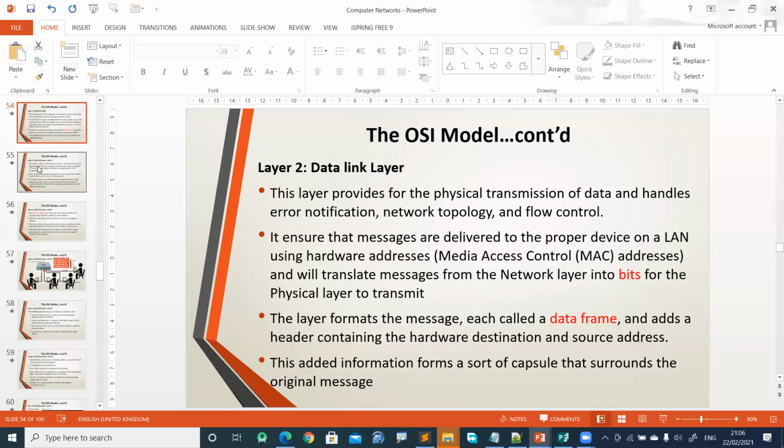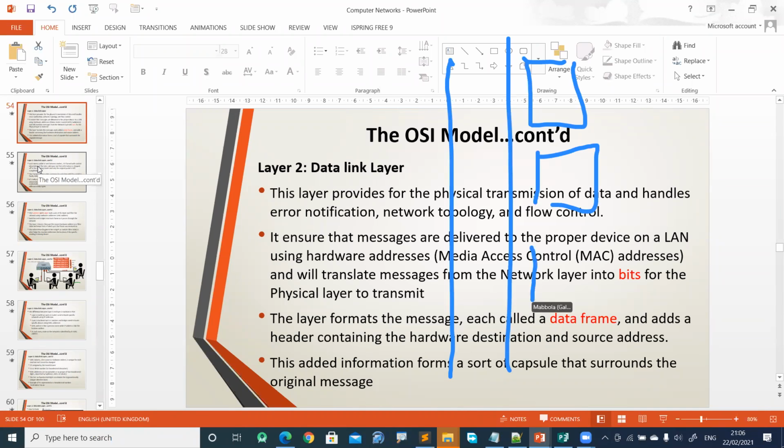Then, I want you to know also that communication within a local area network is more by MAC addresses. What do we mean? These are houses here.